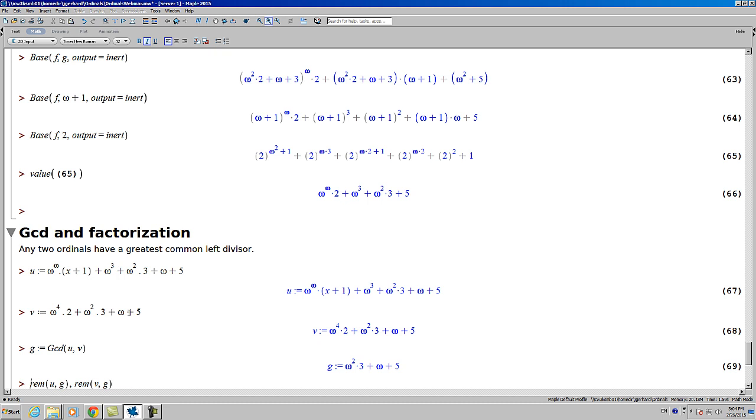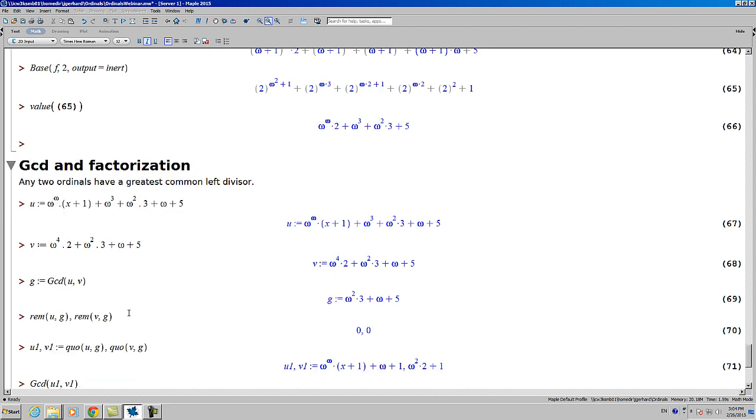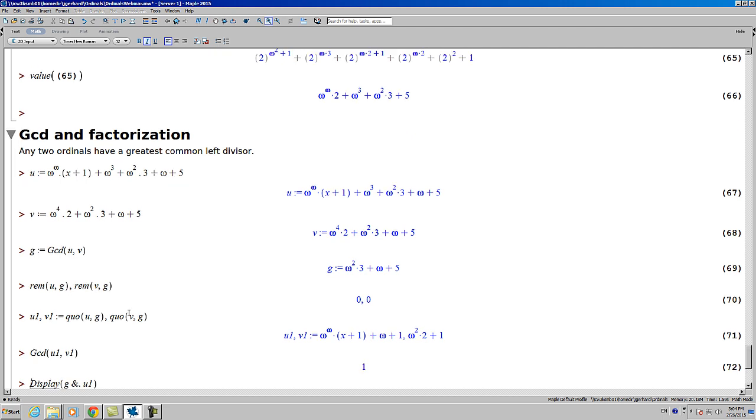So it is divisible. Both input polynomials are left divisible by the greatest common divisor g. We can also compute the quotients. We can compute the GCD of the quotients, and that is actually 1, because, again, as you can see visually, there are no common terms on the right.